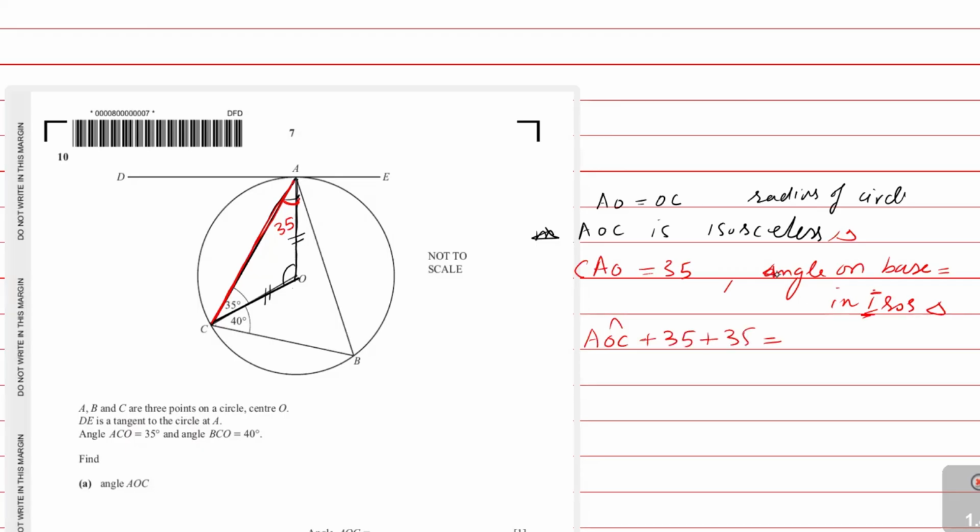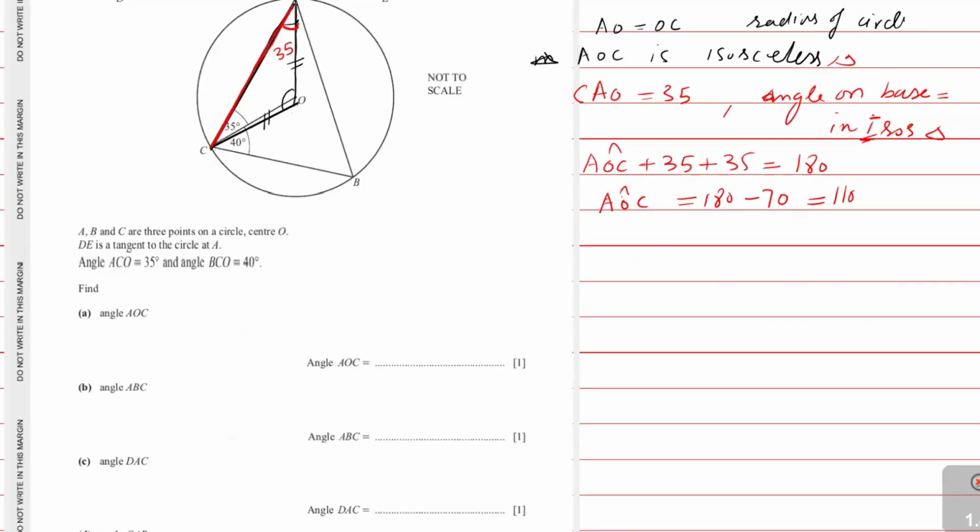Sum of interior angles of triangle equal to 180. Therefore, AOC will be equal to 180 minus 35 plus 35 is 70, and this will be equal to 110, and we write here this equal to 110.